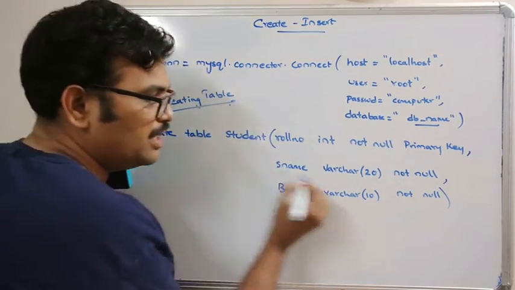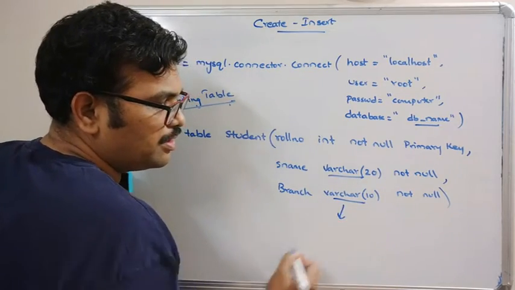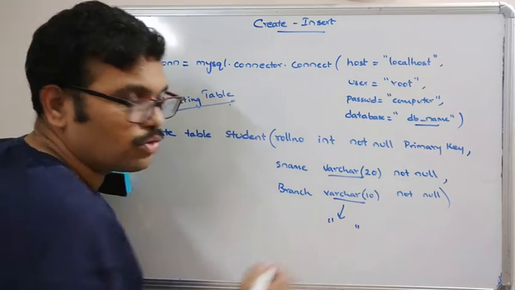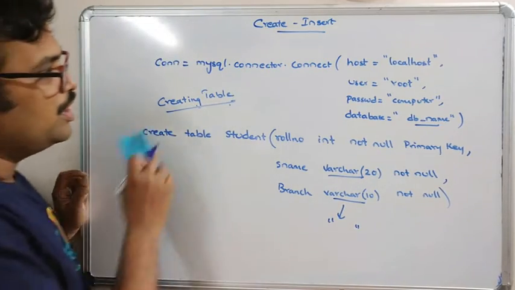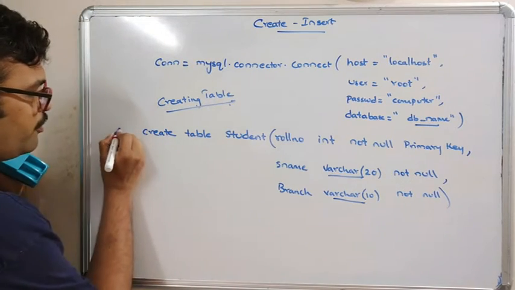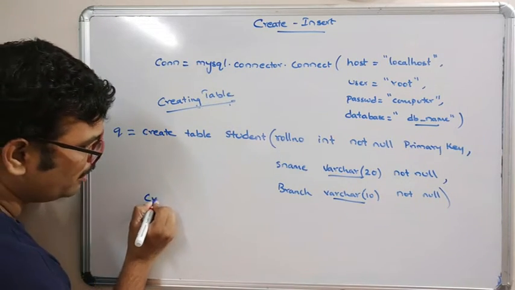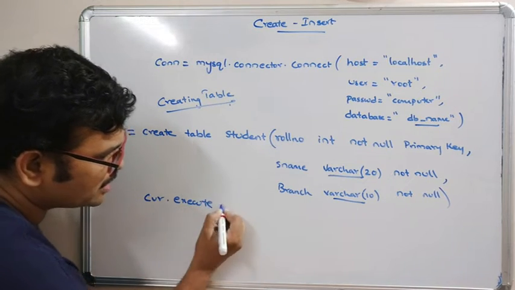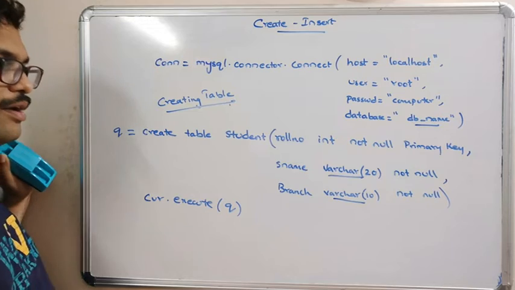And if it is a varchar, while inserting the elements, we have to enclose them in double quotations. Now hope you understood creating a table. I will give this query to some variable q, and then by using the cursor object, the cursor.execute method, I will pass this q here.